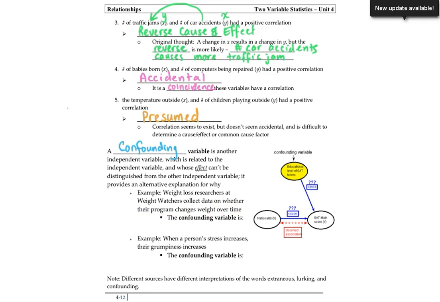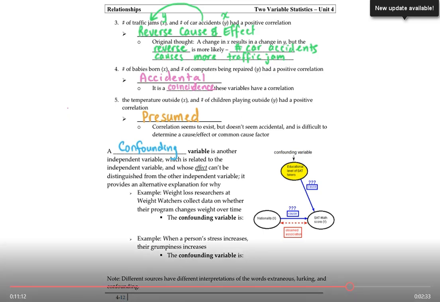So obviously, if you consume less calories, you're going to lose weight. But a confounding variable could be, in this case, exercise, or the amount of exercise. Because the amount of exercise could also be an independent variable causing the amount of weight to decrease.